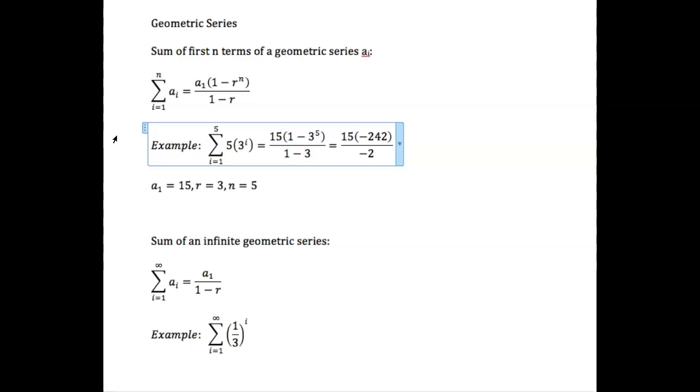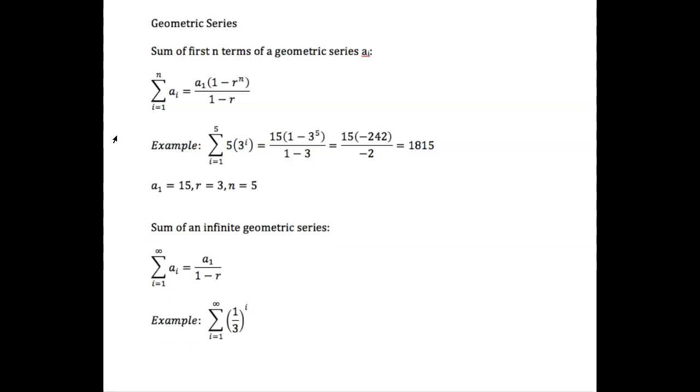Our grand total is 1,815. So the sum of the first 5 terms for that geometric sequence is 1,815, and we didn't have to do too much work there. We just needed those 3 little pieces of information, put them in the formula, and we're done.